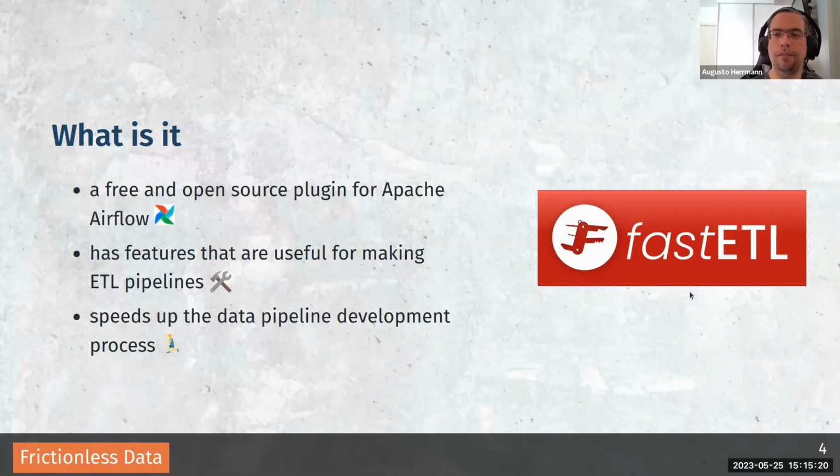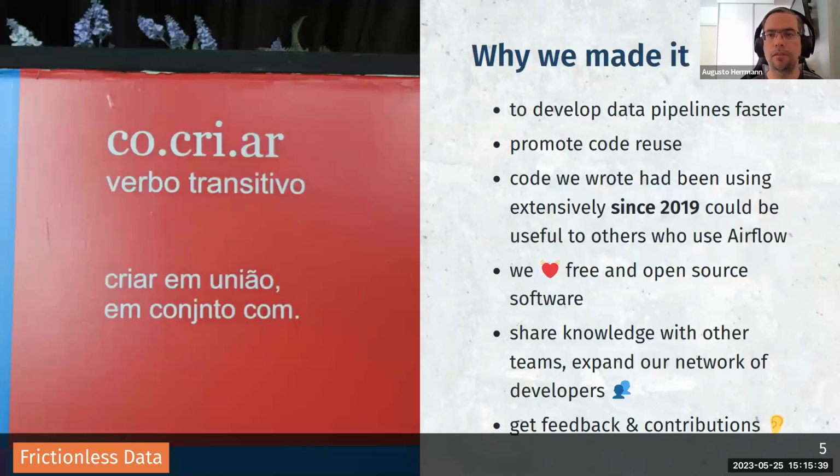It's called FastETL, not because it's particularly optimized for performance, but because it speeds up the data pipeline development process. The things that we do most often, we can just call the library and get development done a lot faster. So that's why we made it, and also to reuse code.